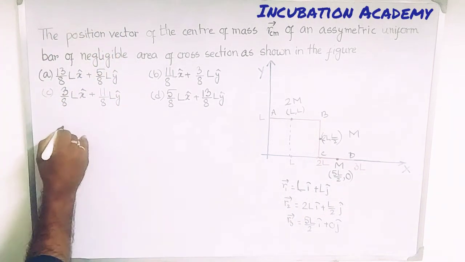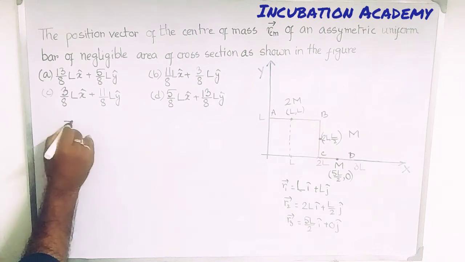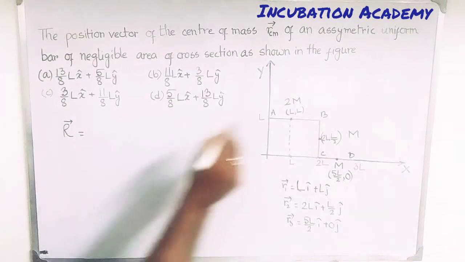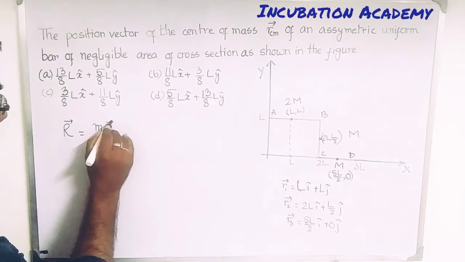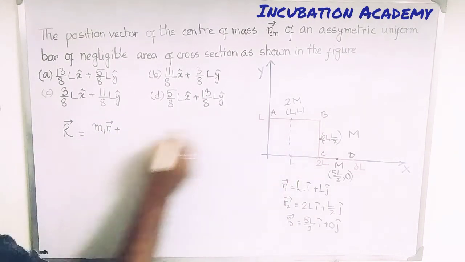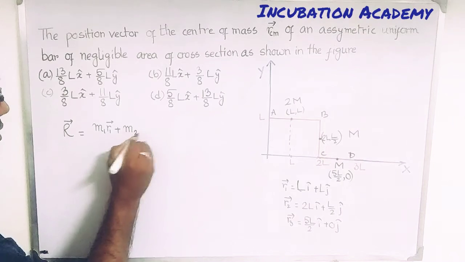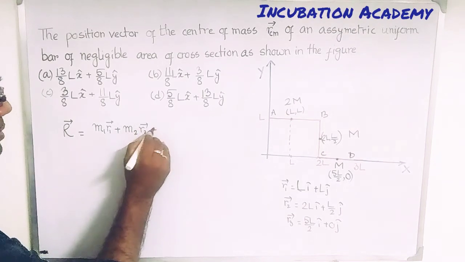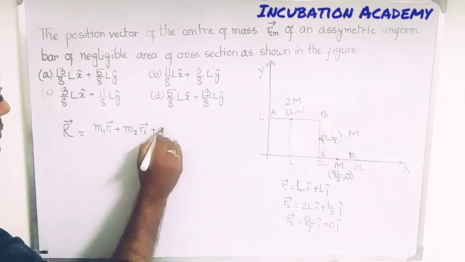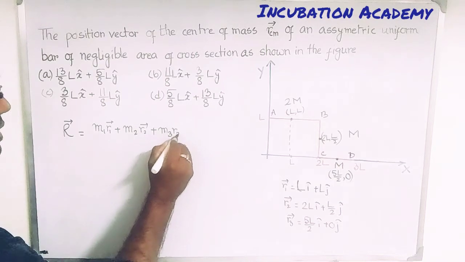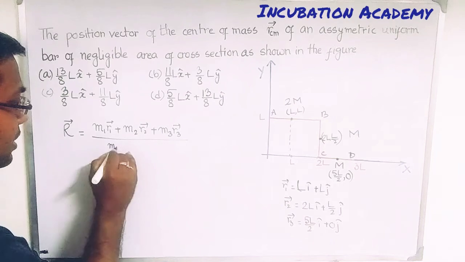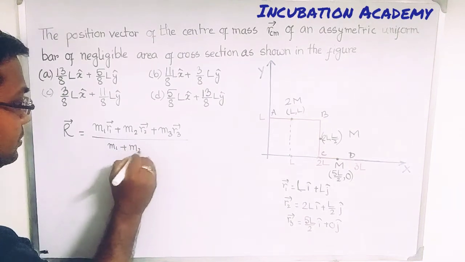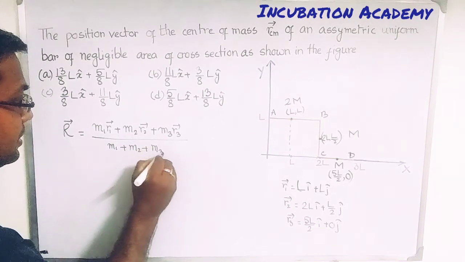So now I am writing down the formula of the center of mass. For the AB portion, M1 R1 vector, for the BC portion M2 R2 vector, for the CD portion M3 R3 vector, divided by M1 plus M2 plus M3.